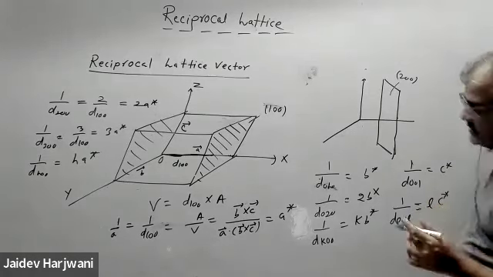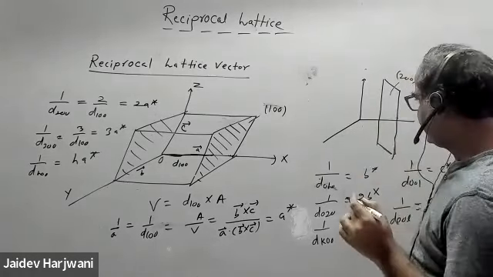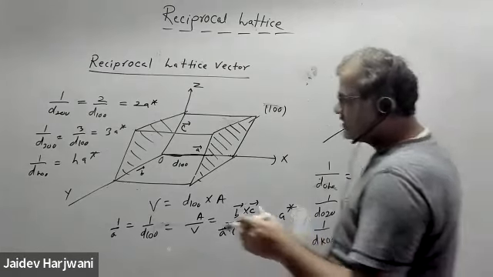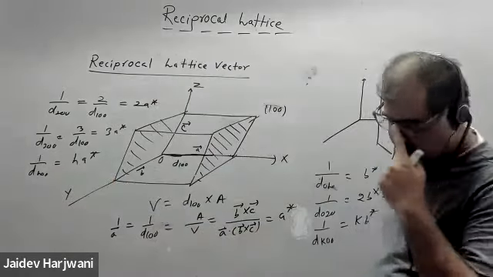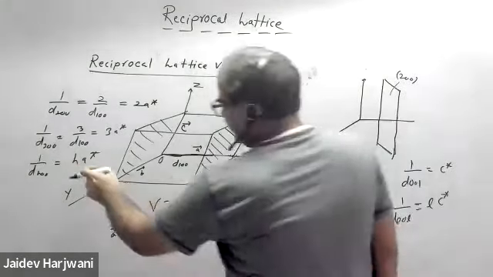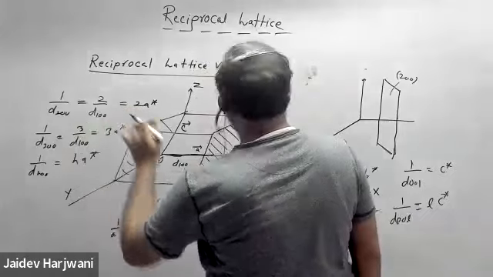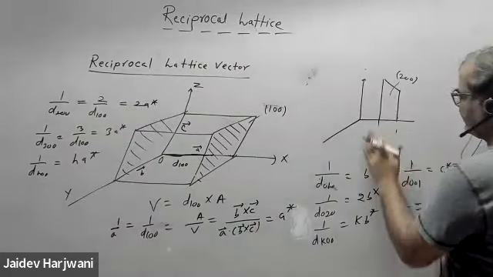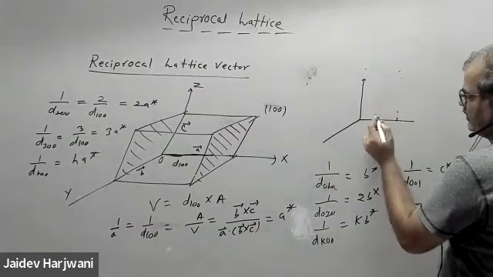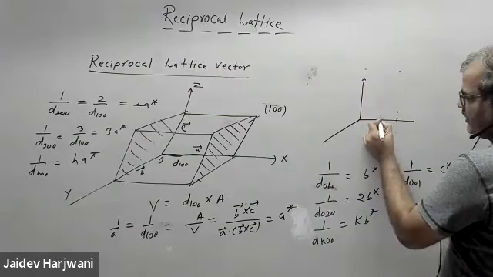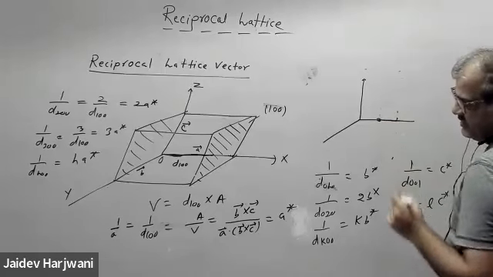Okay, now what is a reciprocal lattice vector? Okay, and each of these distances is a lattice point. Okay, if I want to write a star, this is a reciprocal lattice point. This is a reciprocal lattice point corresponding to the 100 plane.